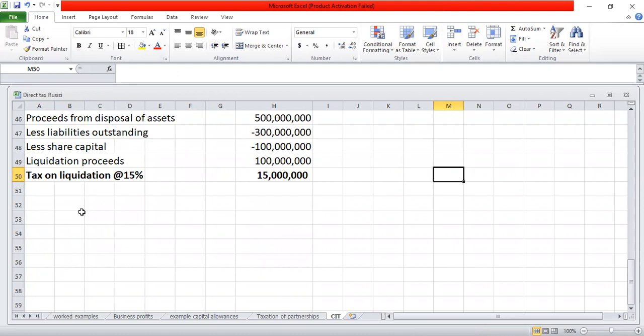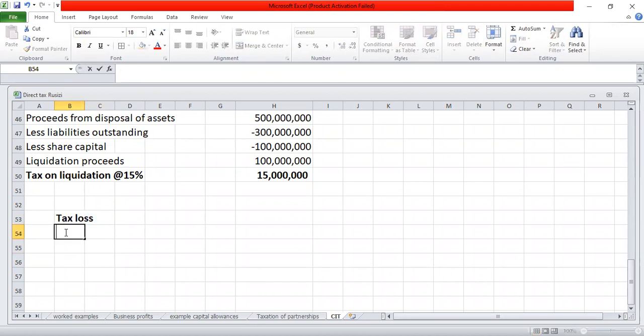Another thing before we go for a break, we can talk about is a loss. Not necessarily loss, it's a loss for business or tax loss. Any business can get a loss.